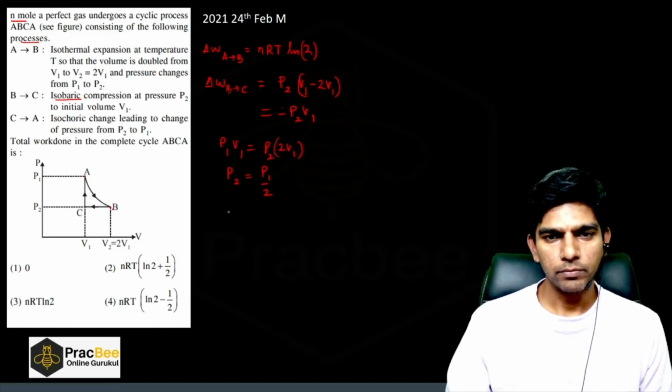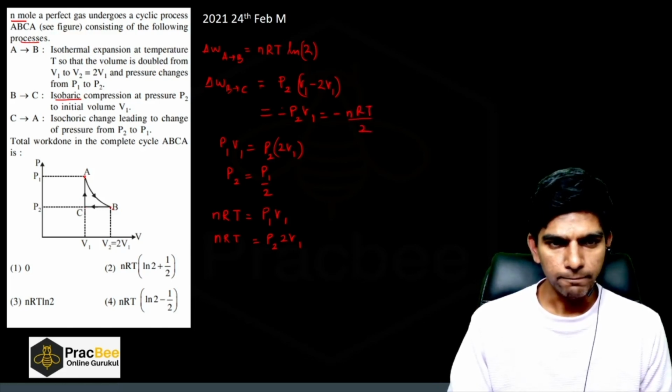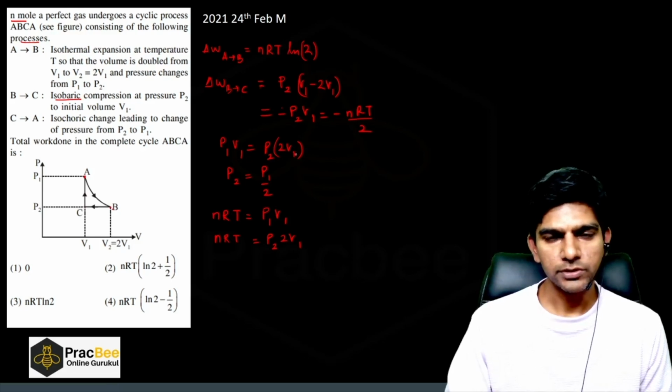And if I apply the ideal gas equation for A, nRT equals P1 V1. It is also equal to P2 2V1, right? So P2 2V1 can be written as minus nRT by 2. So do remember this. From C to A, it's an isochoric process, so work done will be 0.